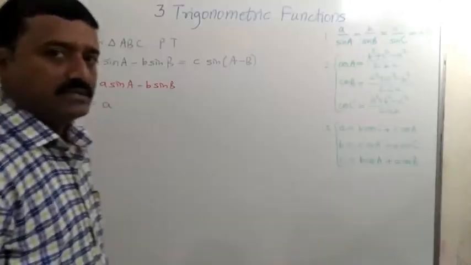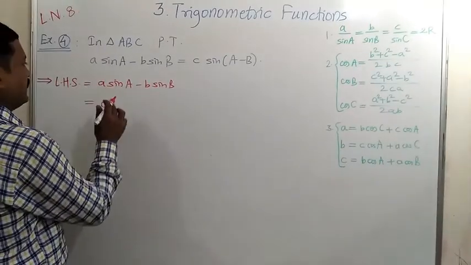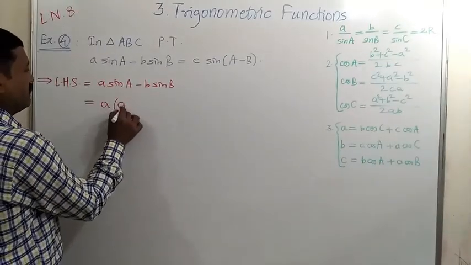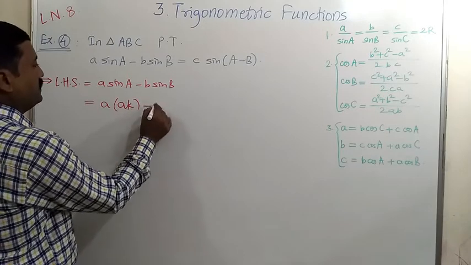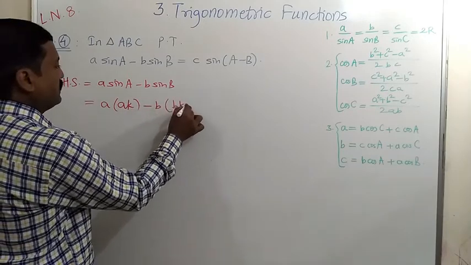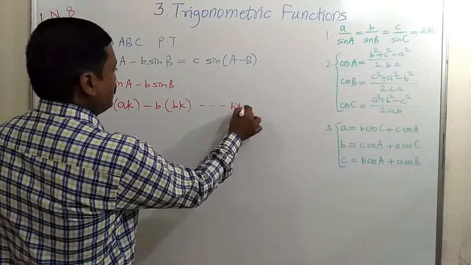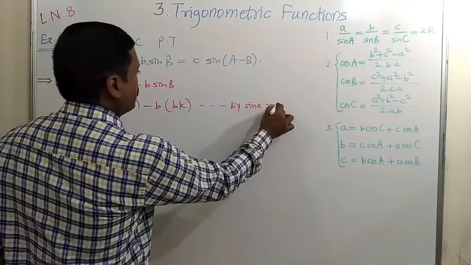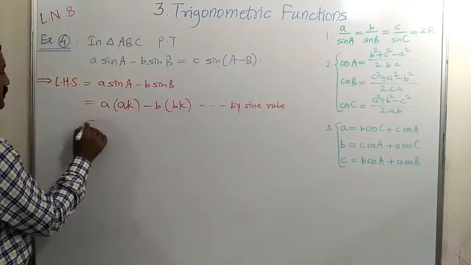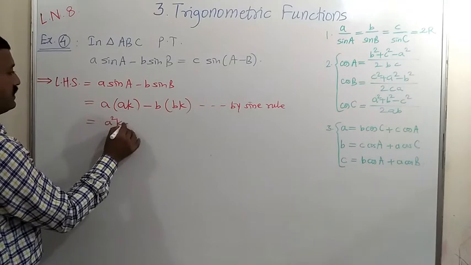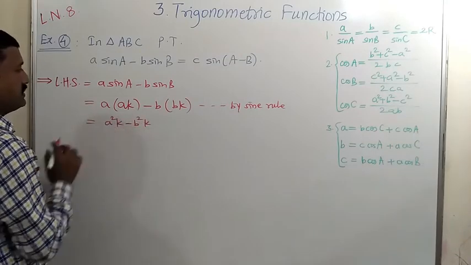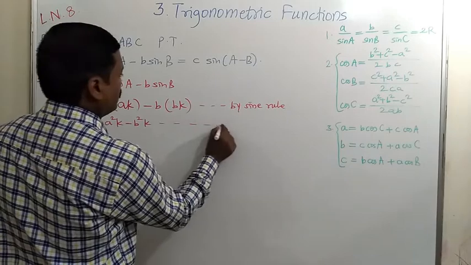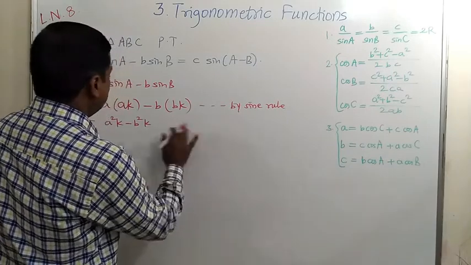That 1 upon 2R is nothing but suppose K, so we get AK. So sin A becomes AK by sin rule, and sin B becomes similarly BK by sin rule. So it is equal to A square K minus B square K. This is our LHS. No need to give the equation.